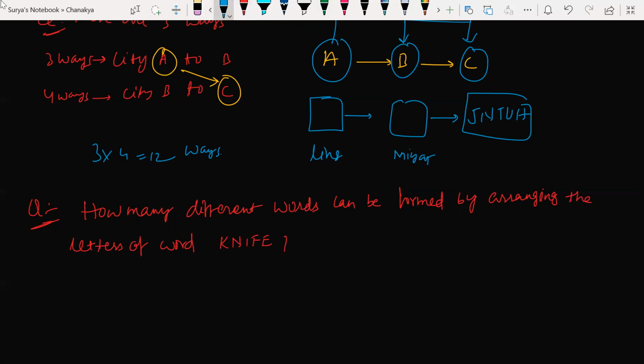How many different words can be formed by arranging the letters from the word called knife? समझ रहे हो आप? Tell me, how can I do this? Different words. Look at the different words. Make it fast. Let's see how many of you are going to do this. I'll give you 1 minute of time. That's it.